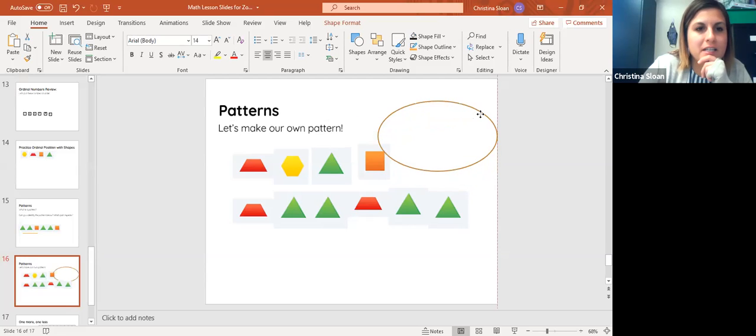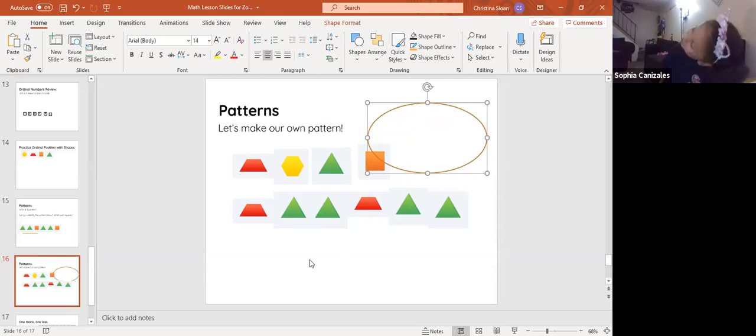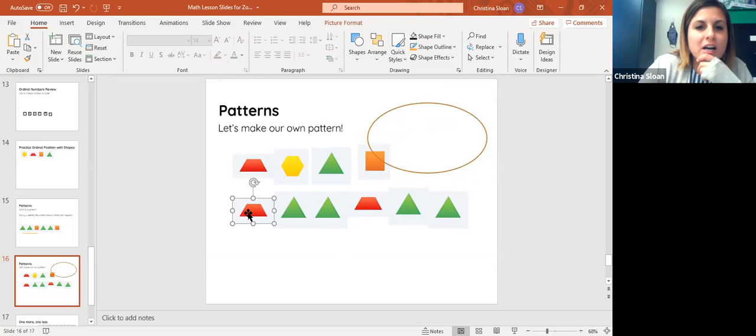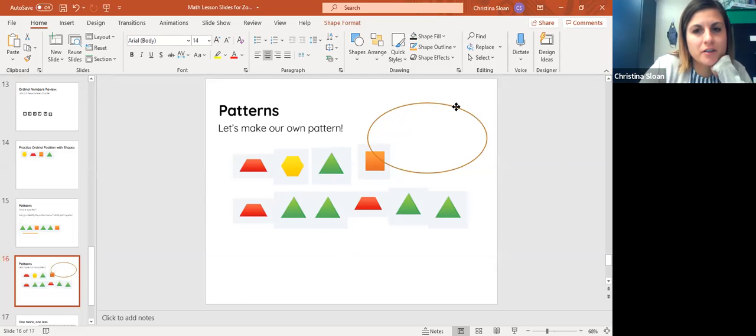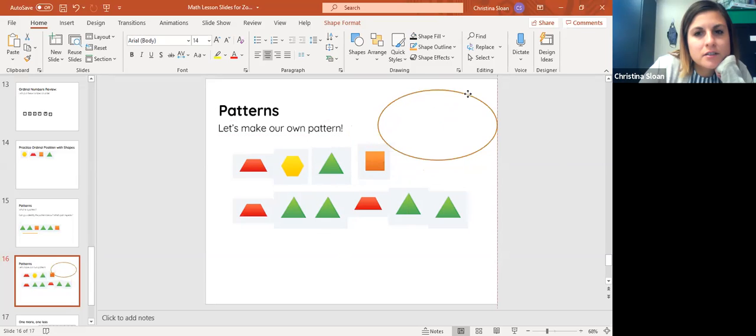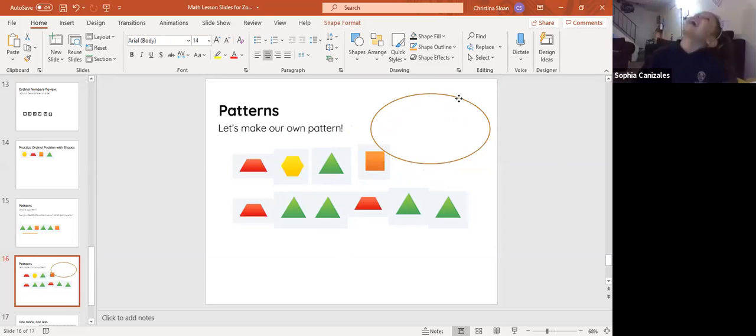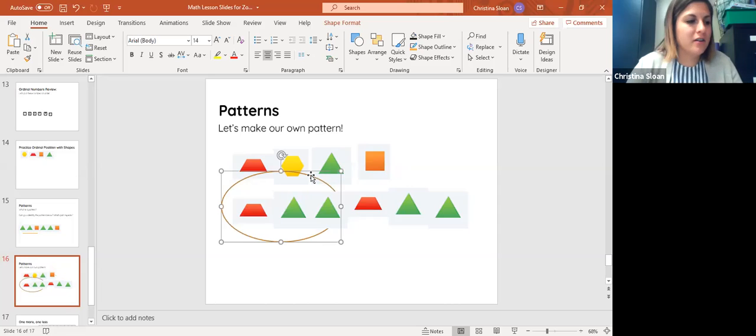What's the group that repeats? Let's listen to it again. Trapezoid, triangle, triangle. Trapezoid, triangle, triangle. What group of shapes repeats over and over? Trapezoid, triangle, triangle. Very good. Thank you, Sophia.